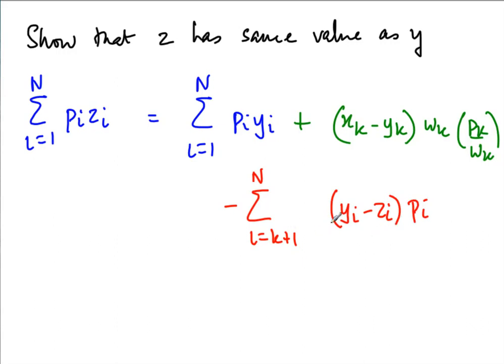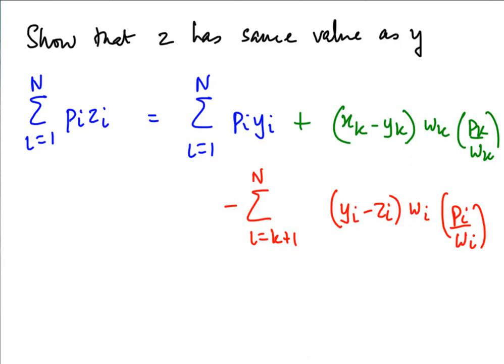So these things have been reduced, and once again I'm going to write pi in this roundabout way as wi times pi by wi, right? So this is how I got the z's from the y's. The value of the z's is the value of the y's plus the quantity added at k minus the quantity I subtracted beyond k.